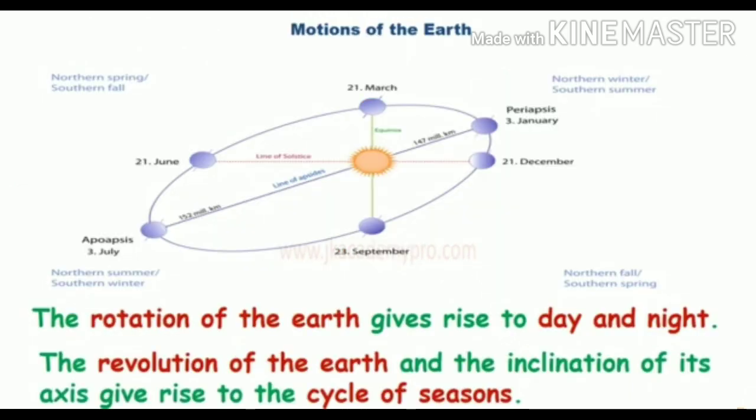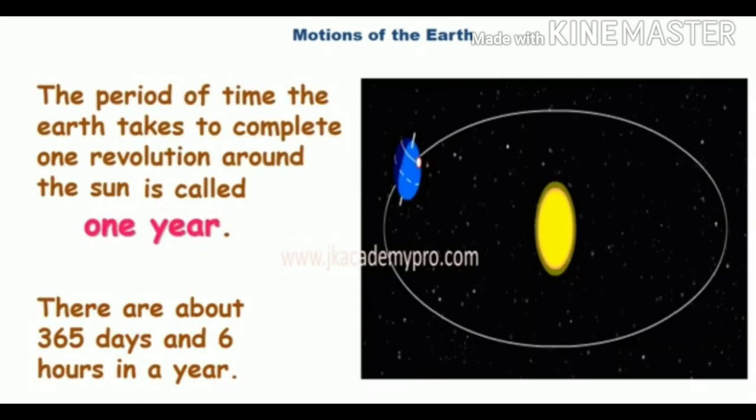Then the rotation of the Earth gives rise to day and night, and the revolution of the Earth and the inclination of its axis give rise to the cycle of seasons. Then the Earth takes 365 days and 6 hours in a year to complete one revolution around the sun.